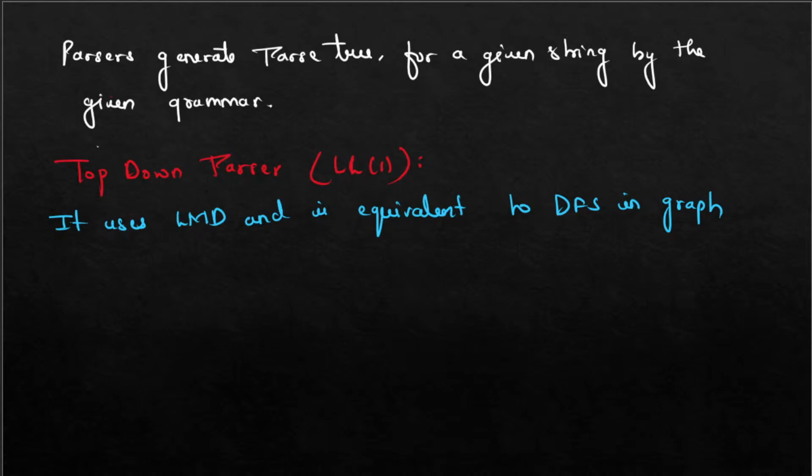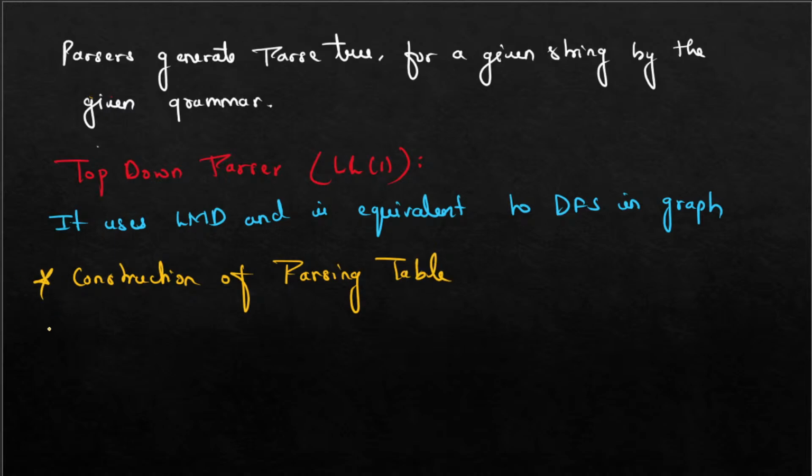After that you should know the algorithm to construct parsing table. This thing you all should know. After that, the removal of common prefix, this also you should know, which is also called left factoring. Some of the topics which you should know in detail, which I am writing here: construction of parsing table, and left factoring.